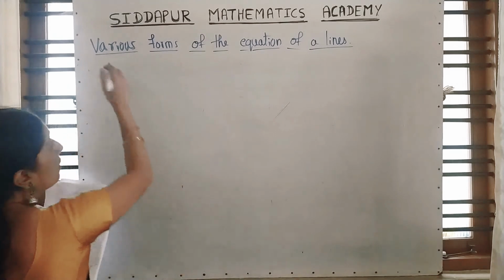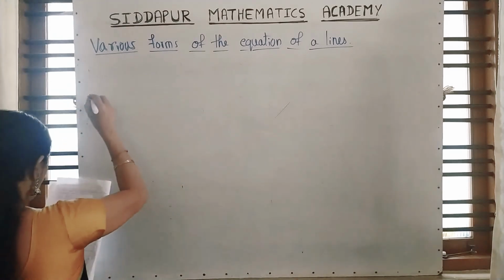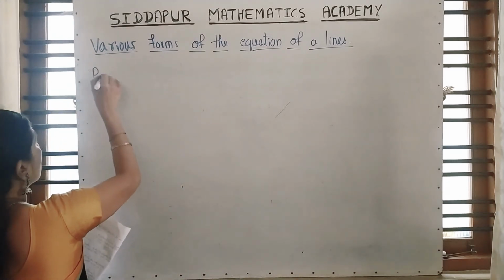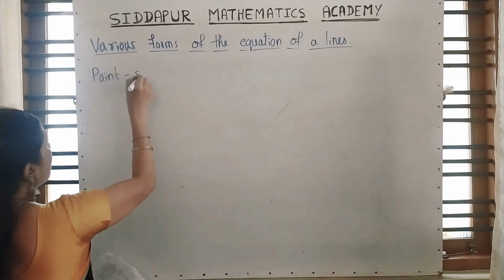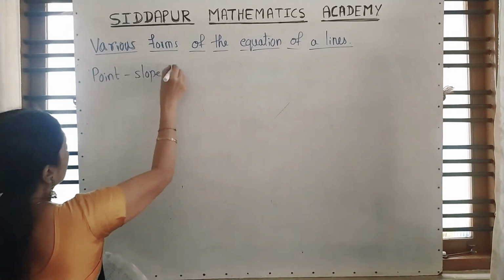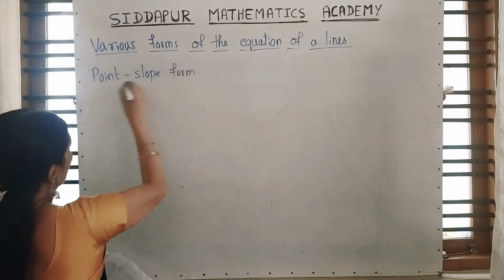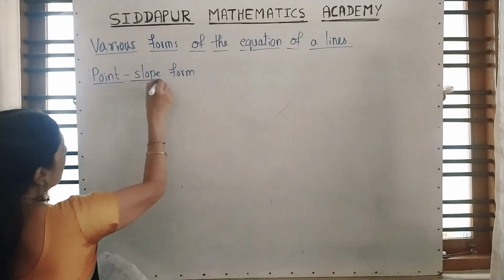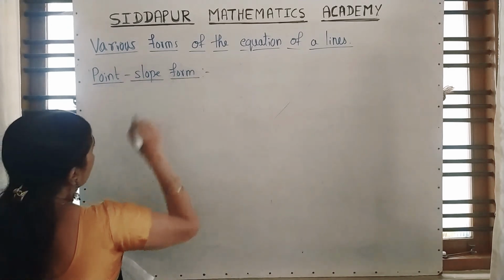Please try to write all the derivations. It is known as point slope form. The name itself tells you everything. It is passing through one point and having a slope m.